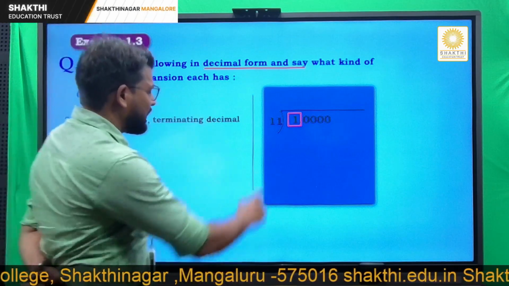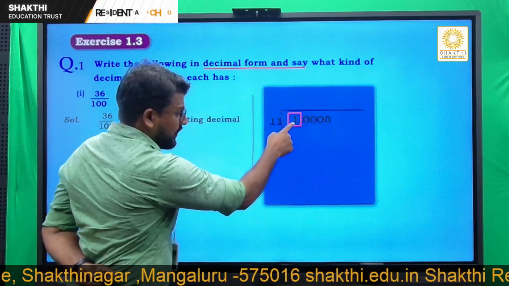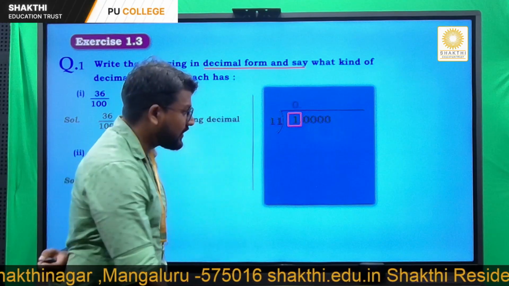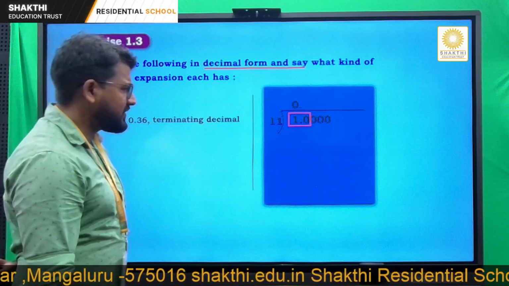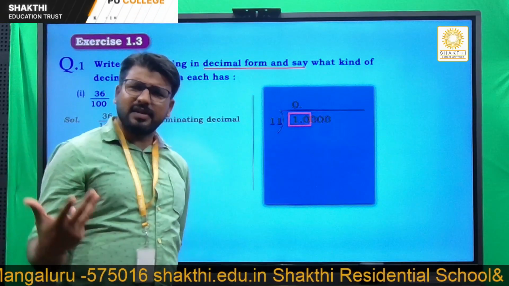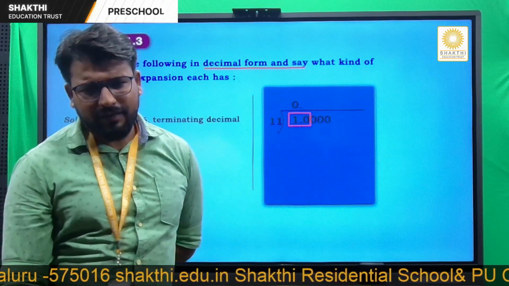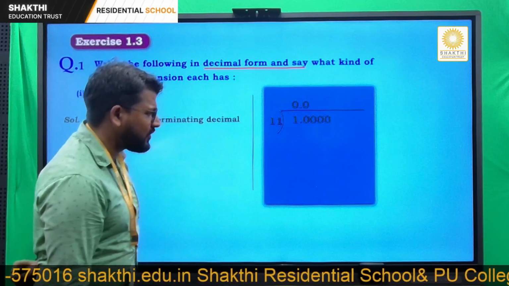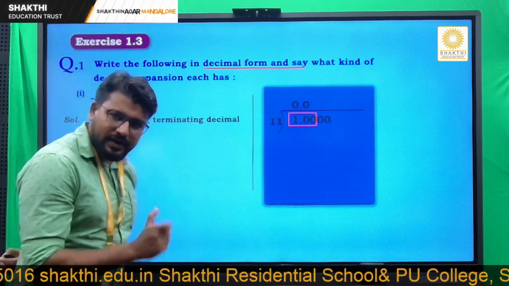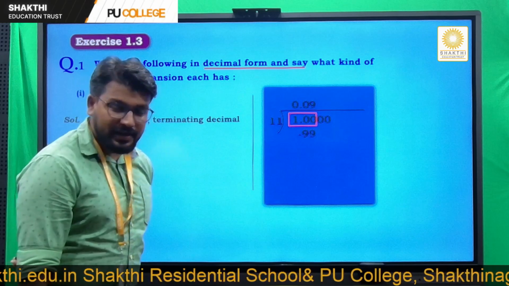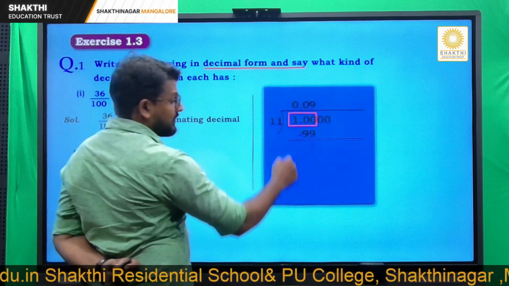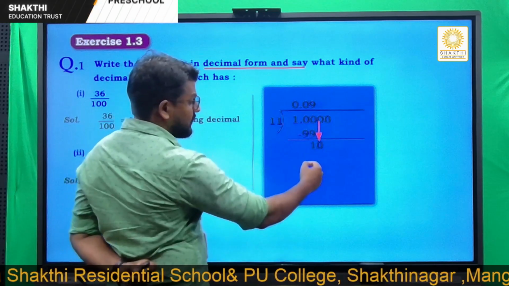So if I see 1 is less than 11, what we do is put 0 and a decimal point. Then we say 10. 10 is again smaller than 11, right? So we'll put a 0 and take it as 100. If I divide 100 by 11, 11 nines are 99. If I subtract this, I'll get 1 and I'll take this 0 down.